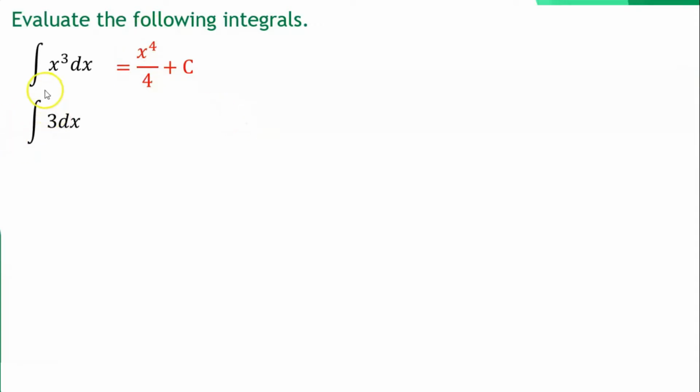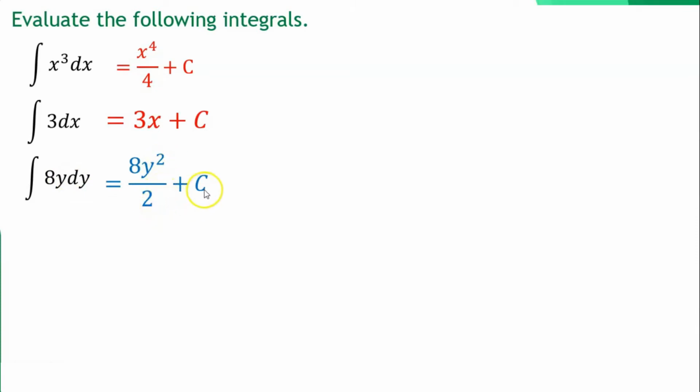Another example, find the antiderivative of 3 dx. Take note it is a constant, so its antiderivative would be 3x plus c. Another, find the antiderivative of 8y dy. Take note the exponent of y here is 1, so that would become 8y squared over 2 plus c.